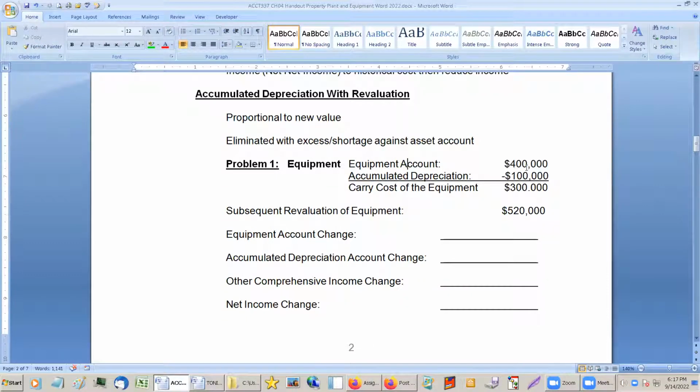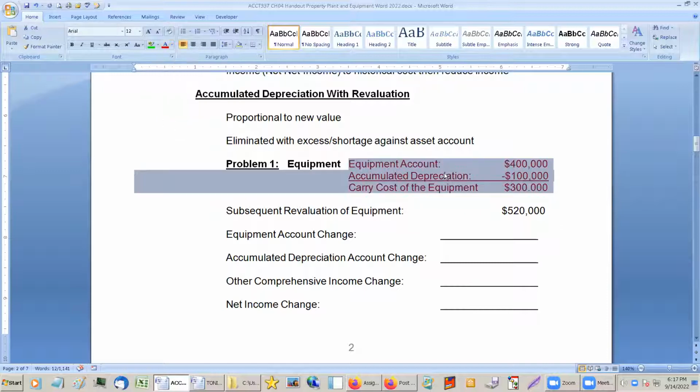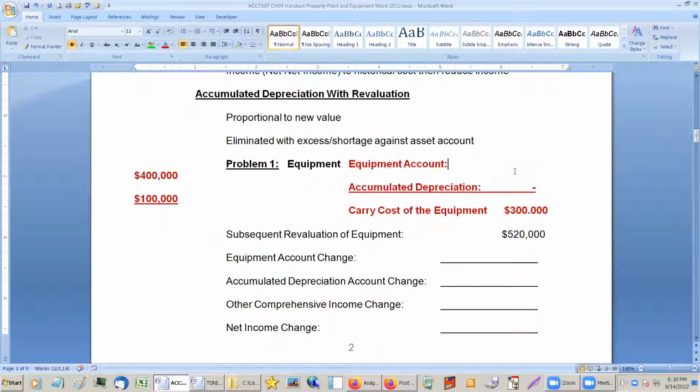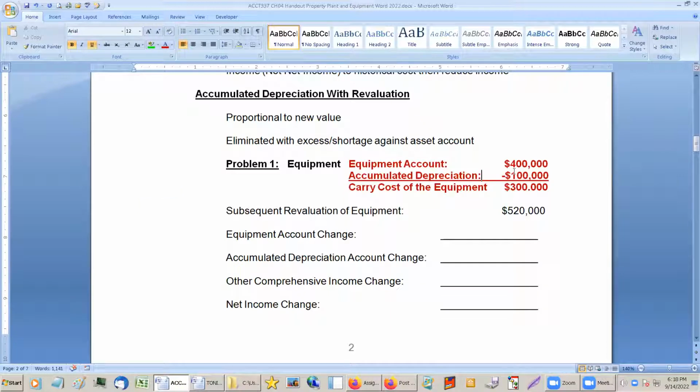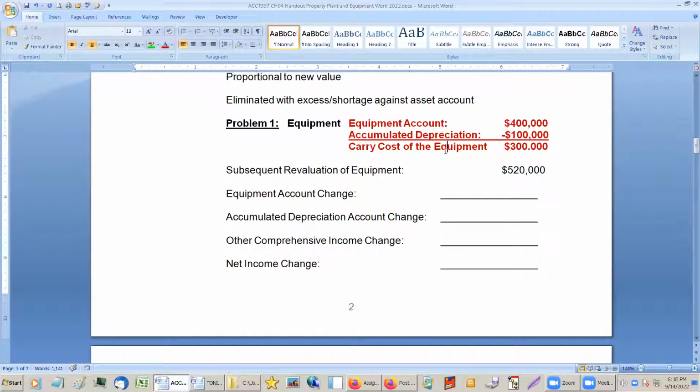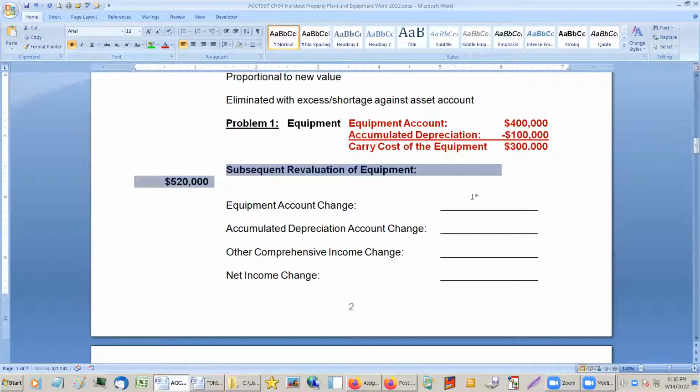So we have equipment in the equipment account. This is what they have on their books. Now we look at this and say, wait a minute, this thing is not worth $300,000.